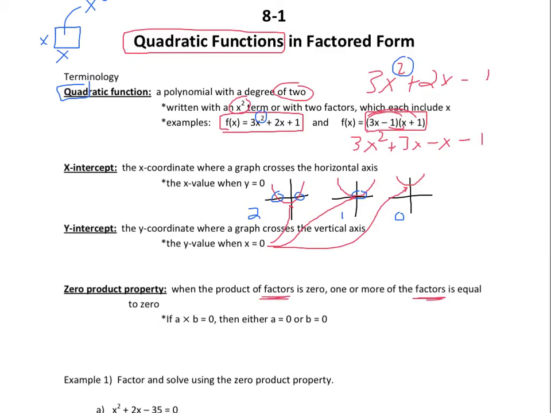It's a property that tells us that if two things are multiplied together and you get 0 for an answer, then either A or B or both must have been 0, because anything times 0 is 0, and that has value later on when we try to solve.